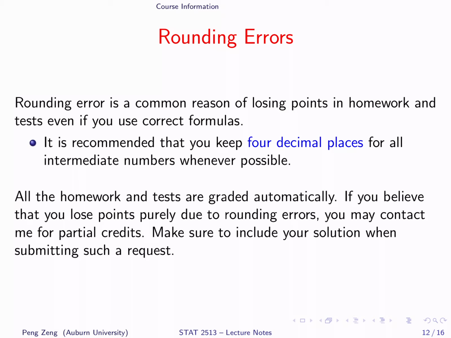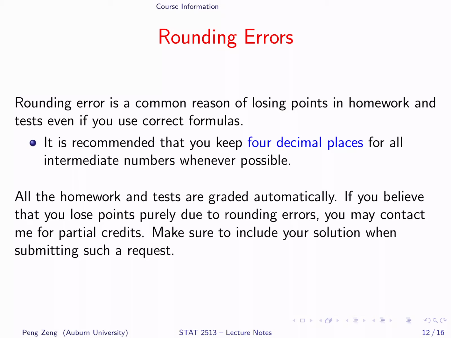Rounding error is a common reason for losing points in your homework, test, and exams, even if you use correct formulas. So, it is highly recommended that you keep 4 decimal places for all intermediate numbers whenever possible. The homework, test, and exams are graded automatically.